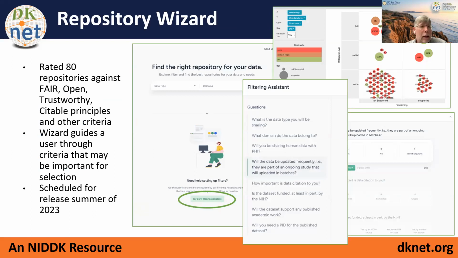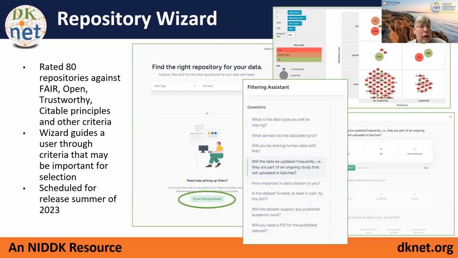One of the tools that we're working on that we'll be releasing this summer is a repository wizard. Through work that we have done with collaborators, we have rated 80 repositories against FAIR principles, as well as principles for being an open repository, trustworthy and citable.